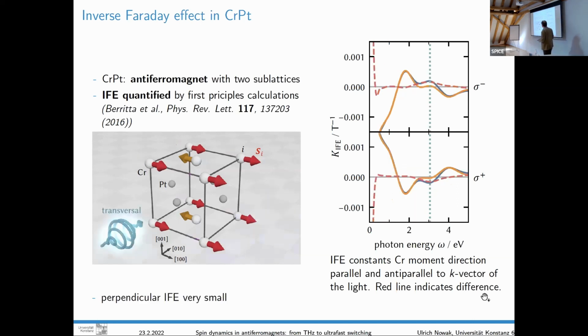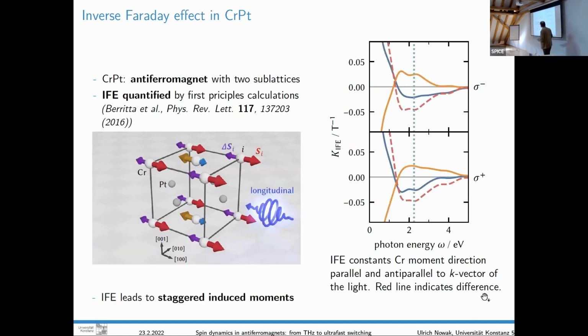That means that when we come with a circularly polarized laser pulse, you get induced moments on the two sublattices, and these two moments can point in opposite directions. So we get a new equilibrium configuration that can lead to switching.